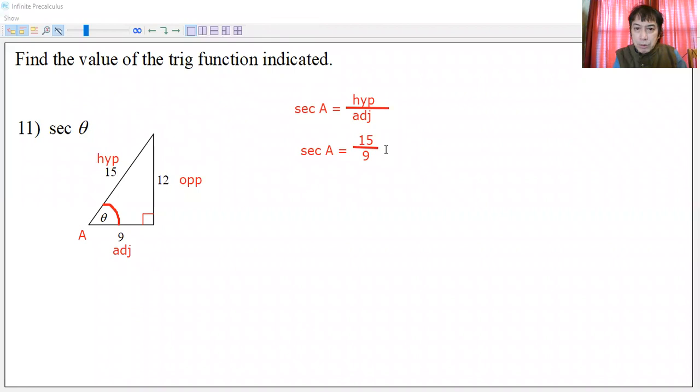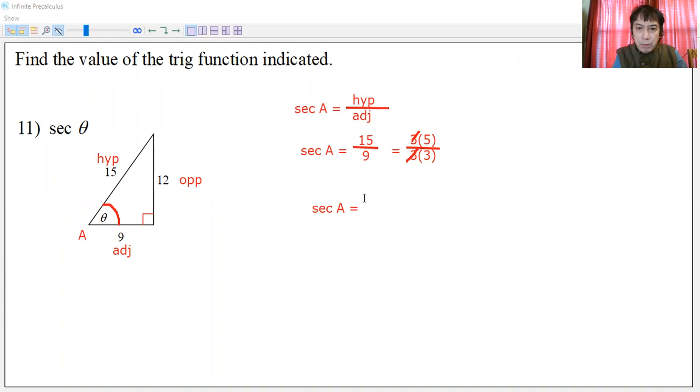So we shall reduce this to lowest term by getting the factors of the numbers. 15 is equivalent to 3 times 5, and the 9 is equivalent to 3 times 3, and we can cancel out numbers there. Okay, still a fraction, and then we can cancel out the 3. 3 divides by the 3, and it looks like secant of A is 5/3. Our answer is 5/3. Secant of angle A, this is equal to 5/3.